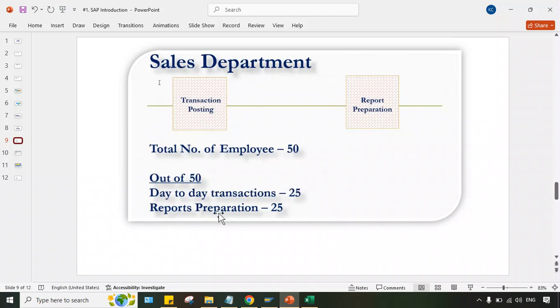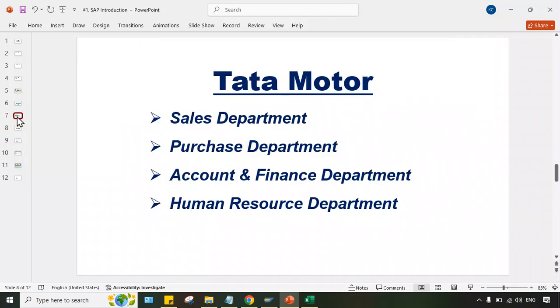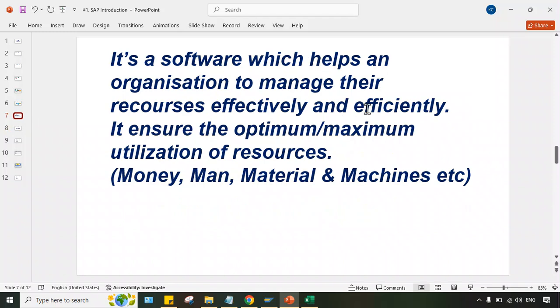The remaining 25 resources can be utilized in some different activity, some other activity, right? So earlier, before ERP, 50 people. Now once the ERP is implemented, only 25 people can handle it. These 25 people can be utilized in some different activity, guys. That's what I have specified here, if you have a look, right?